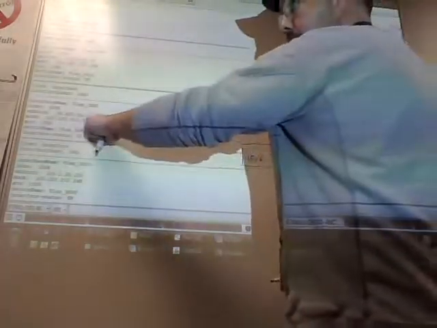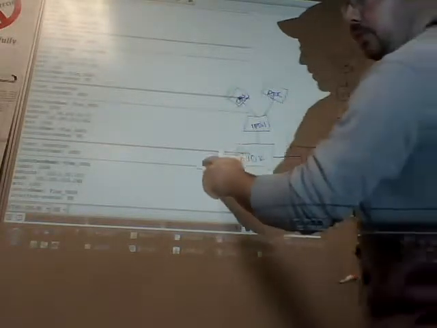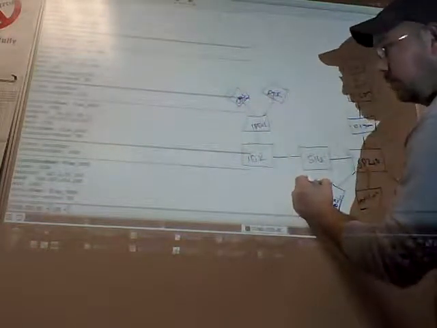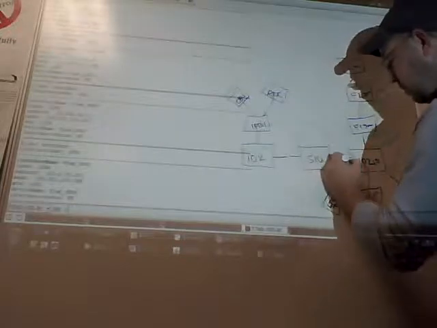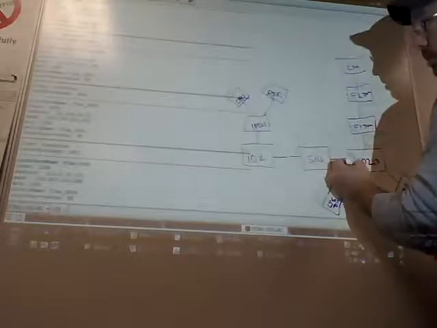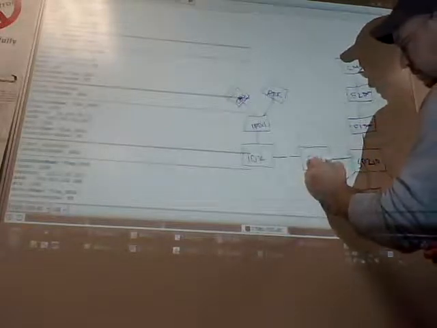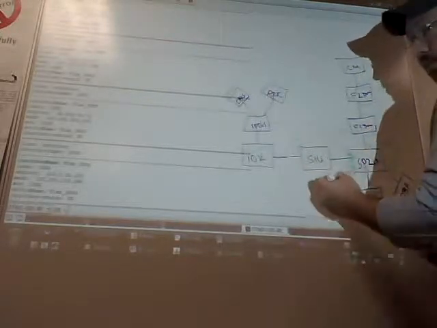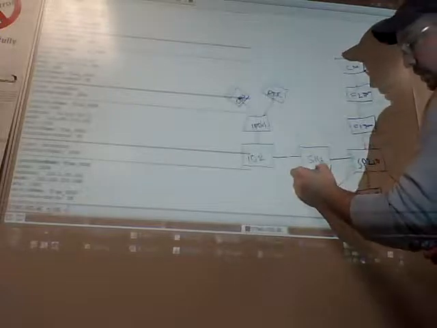For our bearer path, we'd have a .73 here, and then something 73. So we'd have 74, 10.54.74, and we'd have 73, which would be VLAN 5 and VLAN 6. Right? Bearer, OAM, and the OAM is for alarm management.